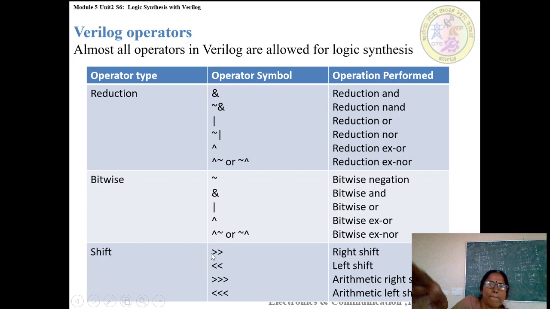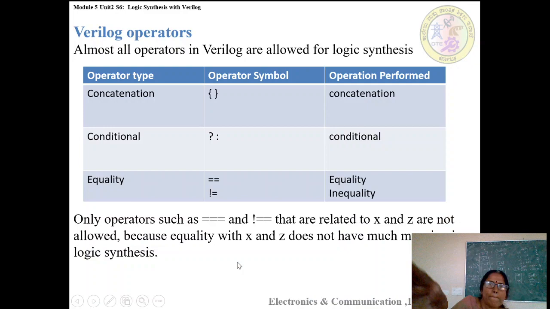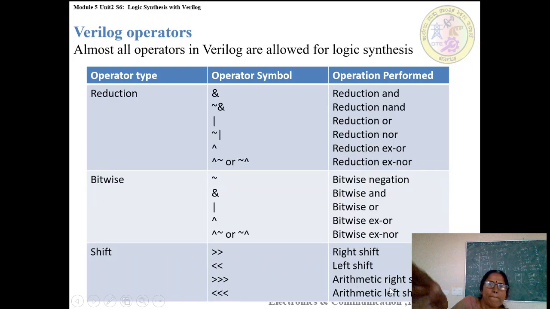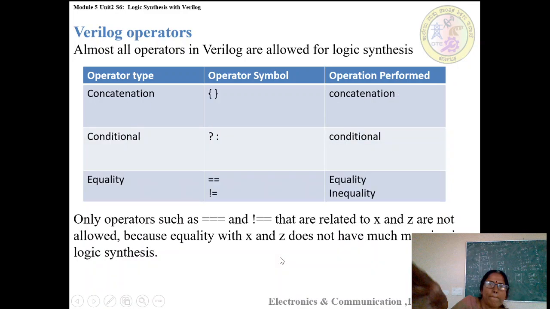And shift operators: double greater than symbols are the right shift operation, double less than is the left shift operator, and three greater than symbols are the arithmetic right shift, and three less than symbols the arithmetic left shift. And the concatenation operation, with curly braces: when you want to place some variables one after the other, we use the concatenation operation.